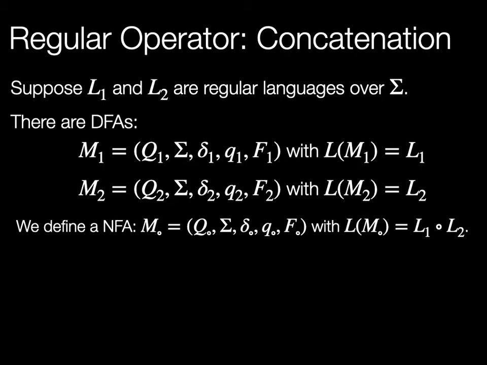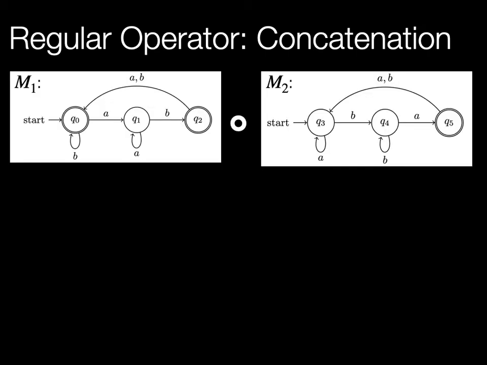To see how we will do this, let's consider an example. Suppose we have the DFAs M1 and M2 on top. We need to accept a word consisting of a word from L1, and hence is accepted by M1, followed by a word from L2, and hence is accepted by M2. But the NFA that accepts the concatenation should only accept when M1 accepts and then M2 accepts.